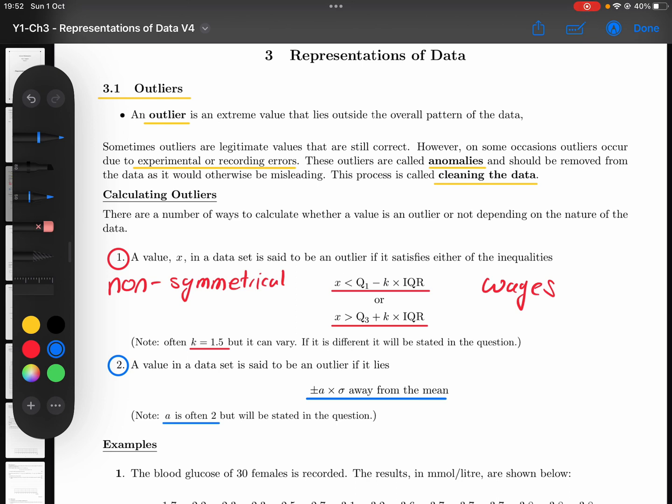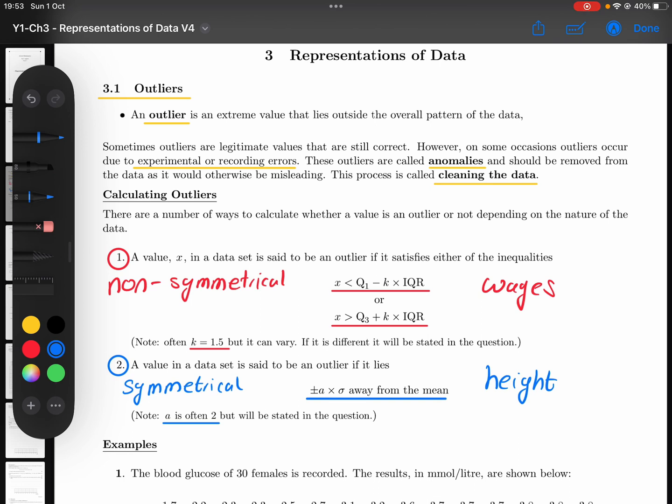But again, in an exam situation, it will always be stated in the question. So we'll use a method based on the mean and standard deviation in more situations where the data is symmetrical. An example of that might be the heights of various different animals in their particular species. We often assume that's a symmetrical distribution.